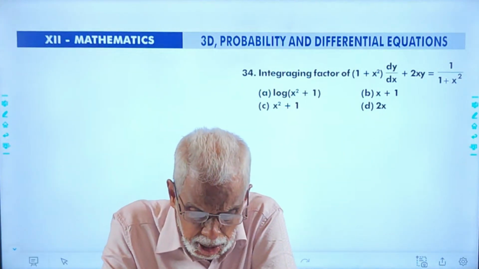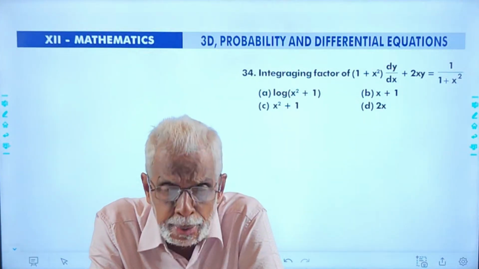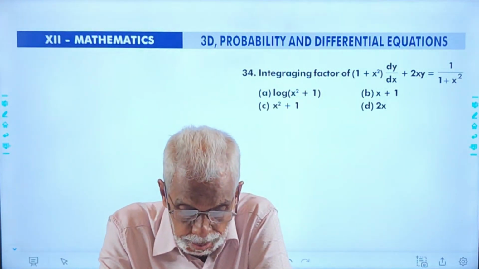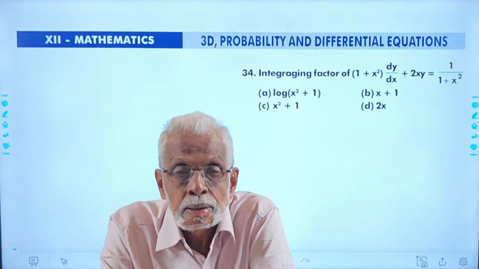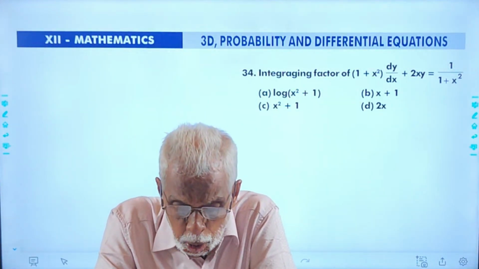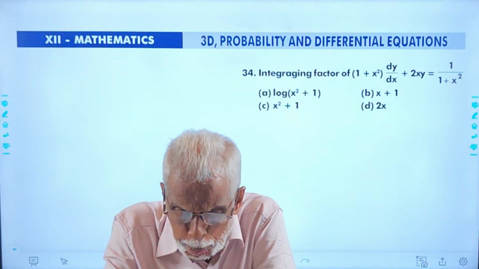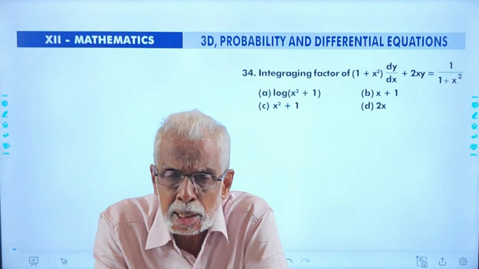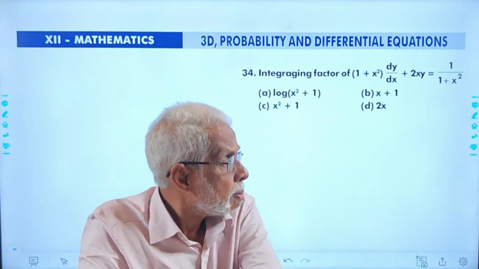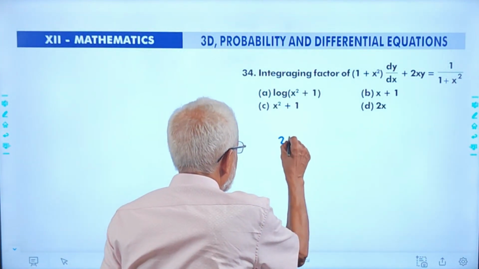Integrating factor of 1 plus x square into dy by dx plus 2xy is equal to 1 plus x square. Simplifying, we get dy by dx plus 2x by 1 plus x square into y equals 1 plus x square the whole square. Therefore, coefficient of y is 2x by 1 plus x square.